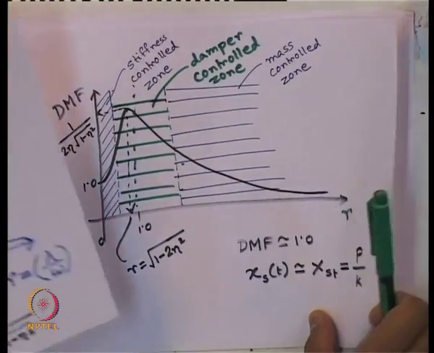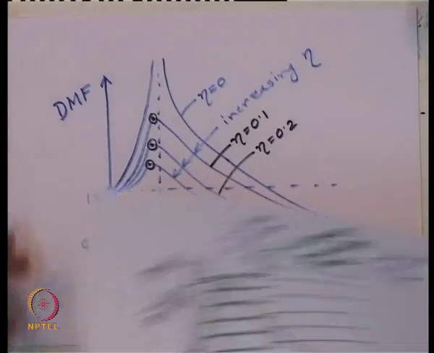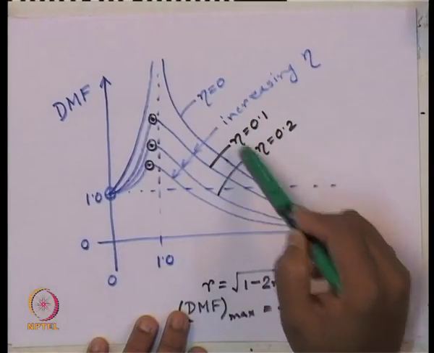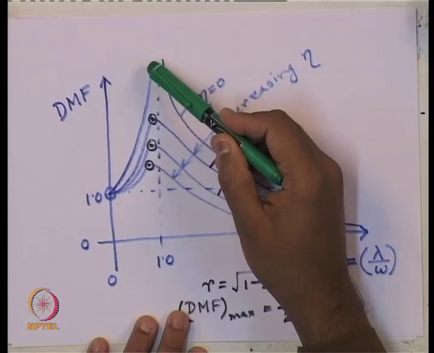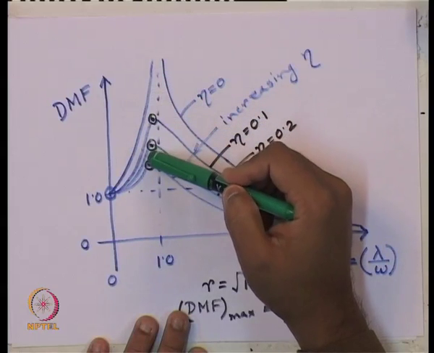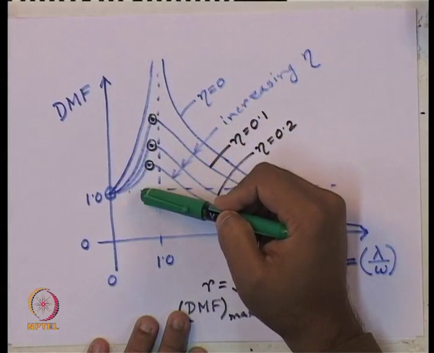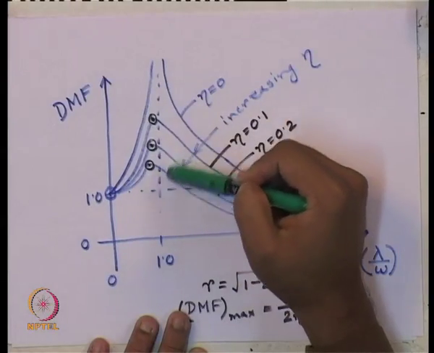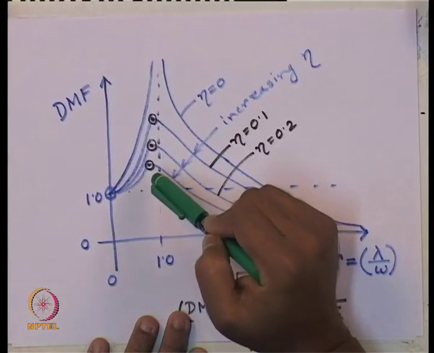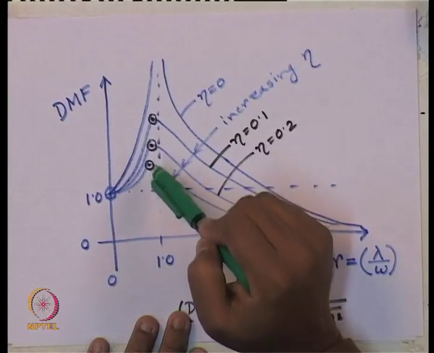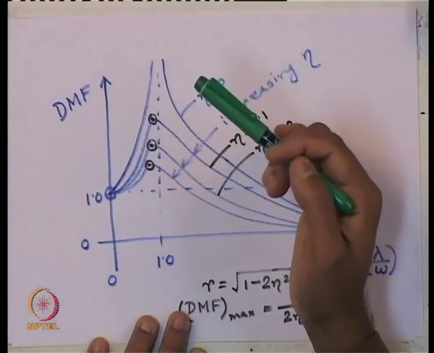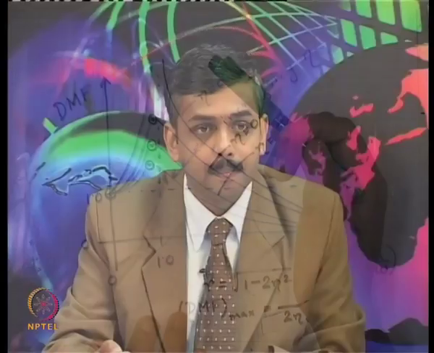Now, let me place this figure here. See, if the value of the damping ratio changes, the peak value in this region keeps on changing. So, what does it mean? It means the value of DMF in this region is directly related to, or controlled or influenced more by, the damper.